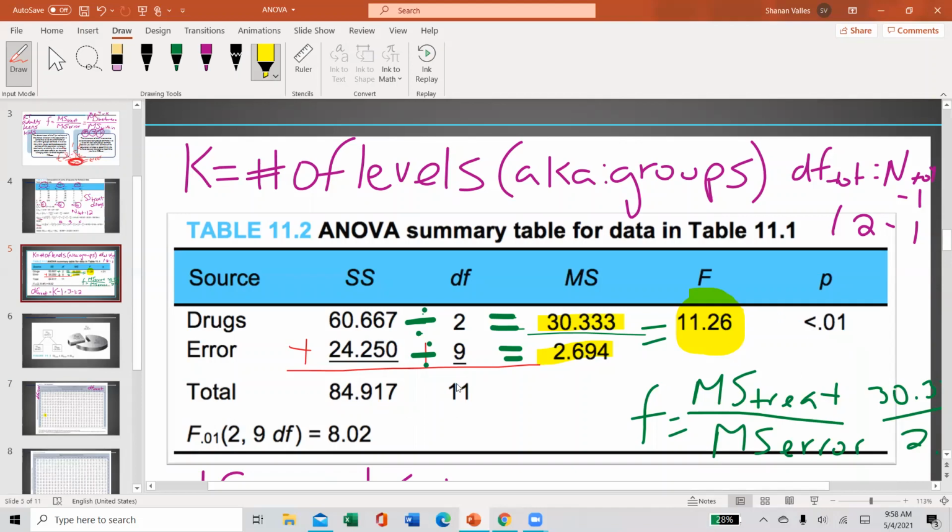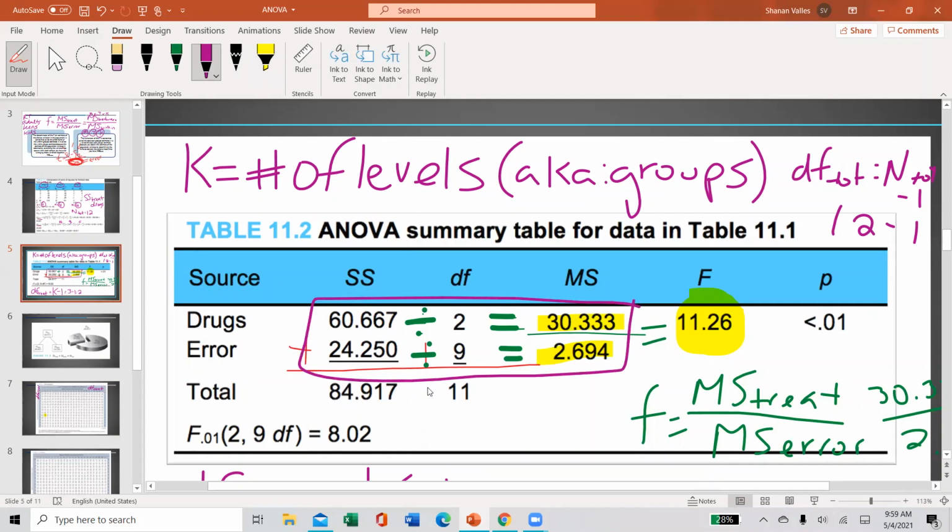This is why I say that these numbers don't really matter. The reason they don't really matter is, if you notice, we didn't even use them. They do not go into the calculations to find F. The only things that we use to go into the calculations of F are all of these values, right?